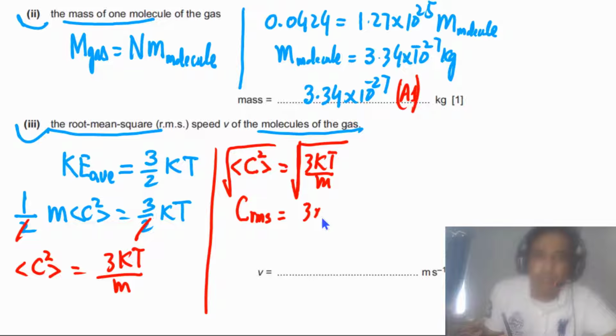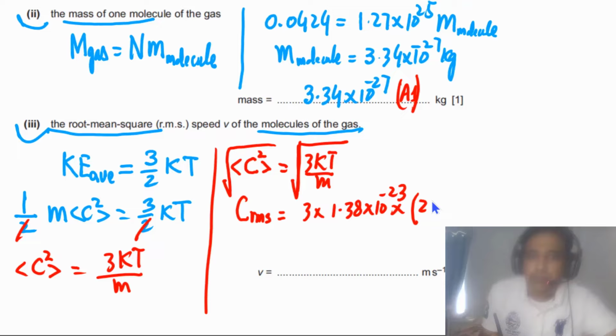Now simply we need to plug in values. We have the value of k. k is a constant and this is the Boltzmann constant, so we have 1.38 times 10 to the minus 23, and temperature has to be in kelvins. Temperature given to us was 227 degrees Celsius. We have to convert this into kelvins, and we need to divide by the mass of a single molecule.